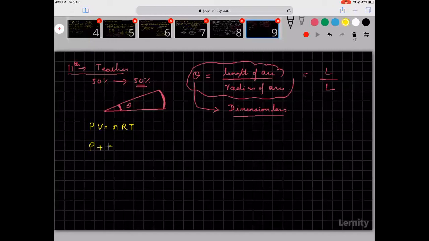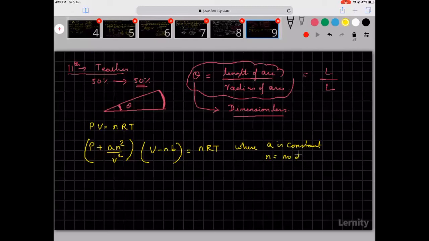His correction was: P plus A n squared by V squared, into V minus nB, is equal to nRT, where A is a constant, n stands for number of moles, which I have already given you, and V stands for volume.